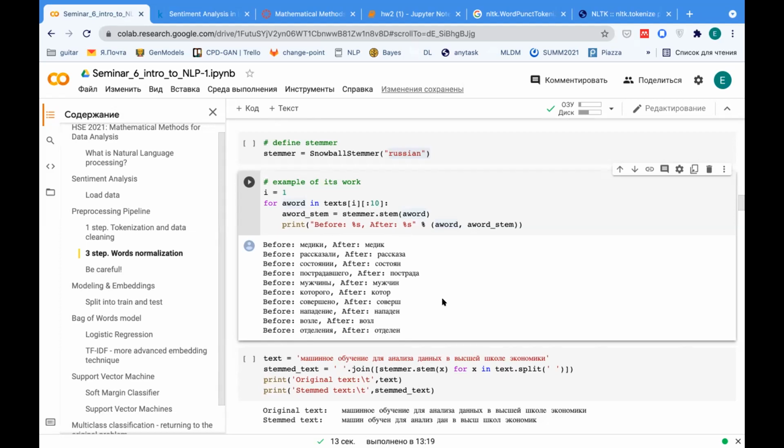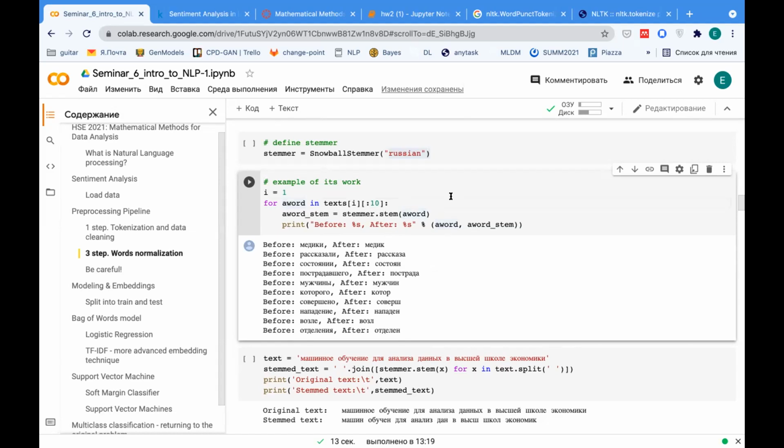So we can see that for Russian stemming is probably a bit too much, just because in Russian we have a much harder morphological structure than in English, and in English, for example, much more important is the structure of your sentence, and the morphological structure is not so complicated.